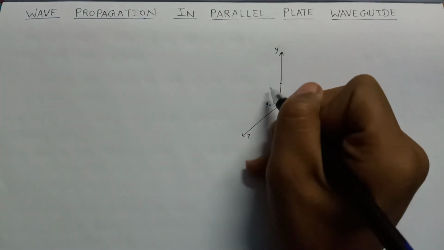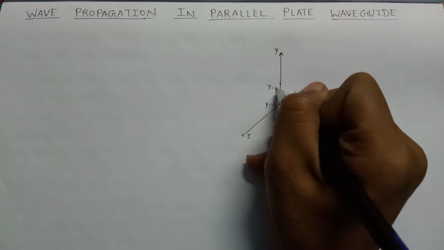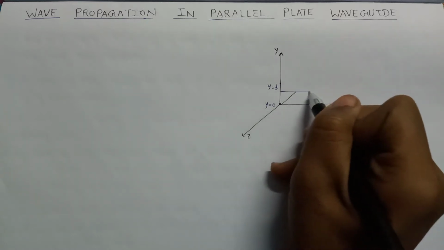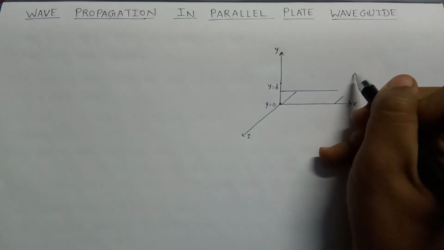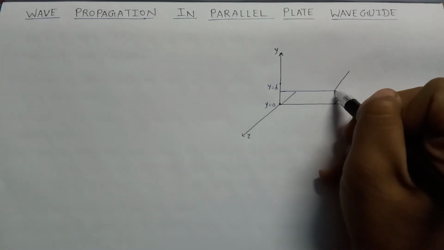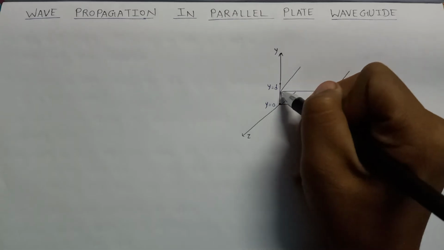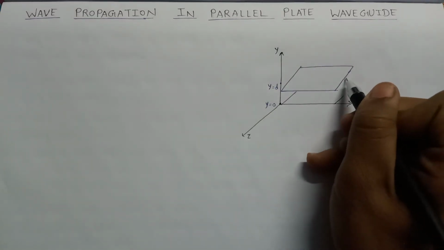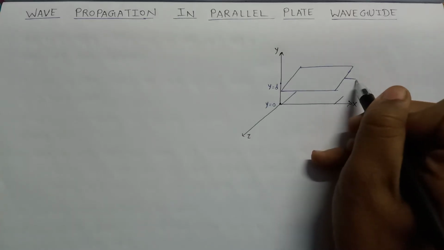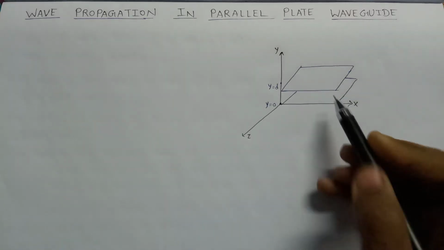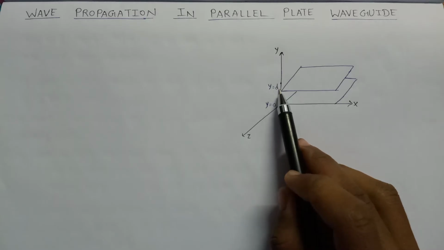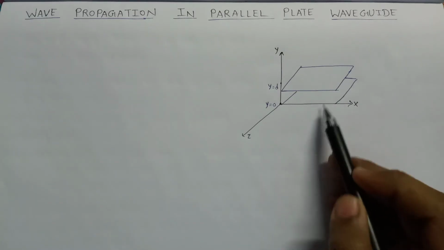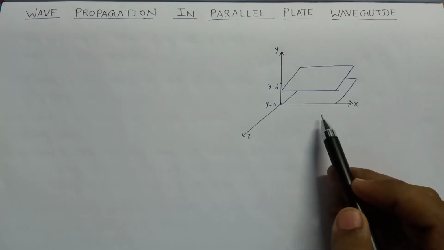So here is y equals d, and we are assuming another plate here. So this is the top plate at y equals d, and this is the bottom plate at y equals 0. These two plates are parallel to each other.